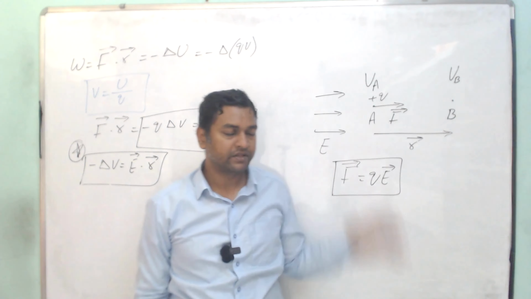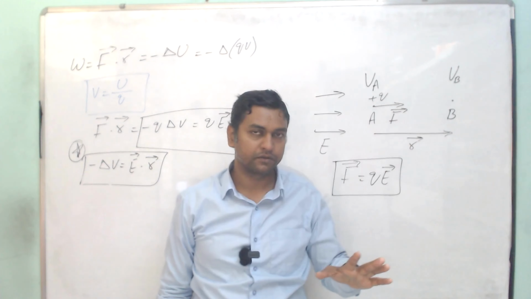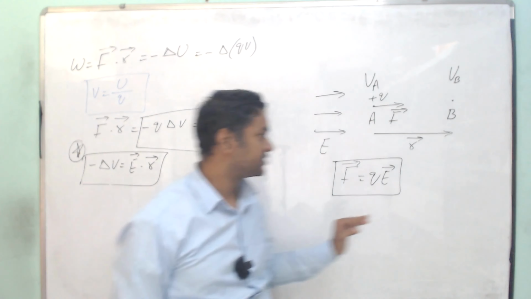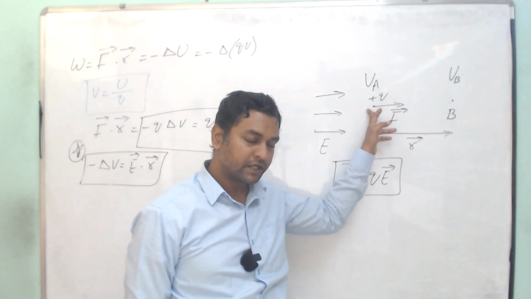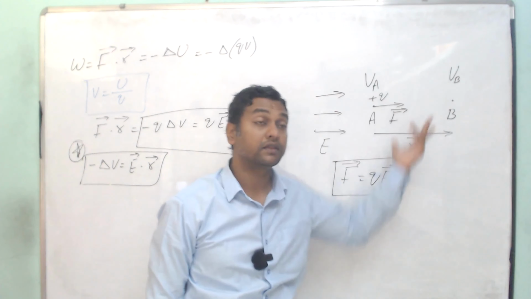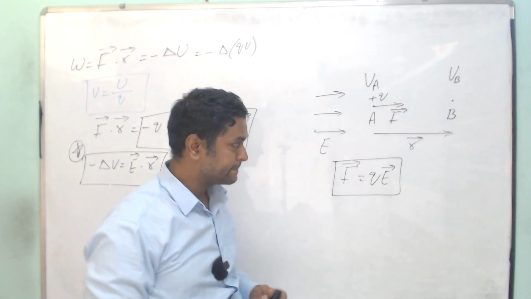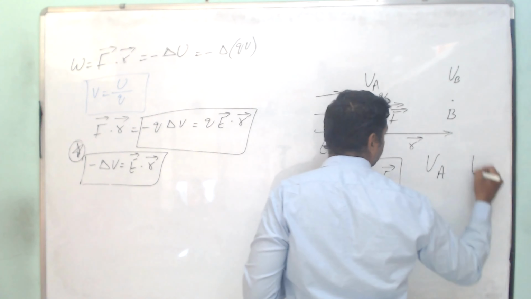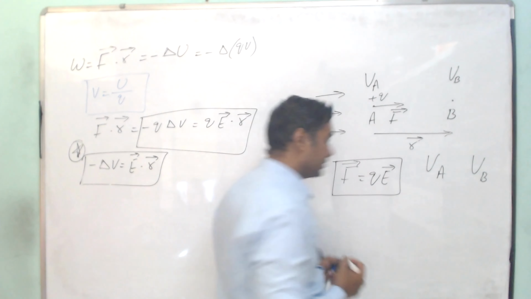And the electric field is from left to right. So, my question is: is the potential at A greater than B, or B greater than A, or are they equal? Is VA greater than VB? VA should be greater.